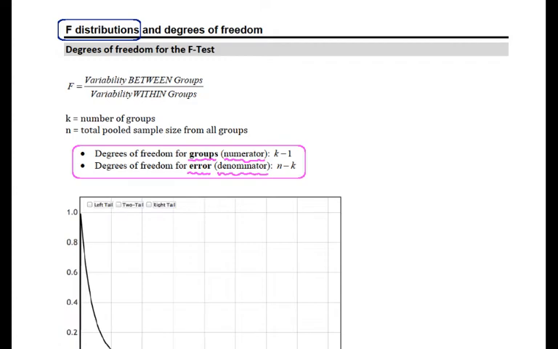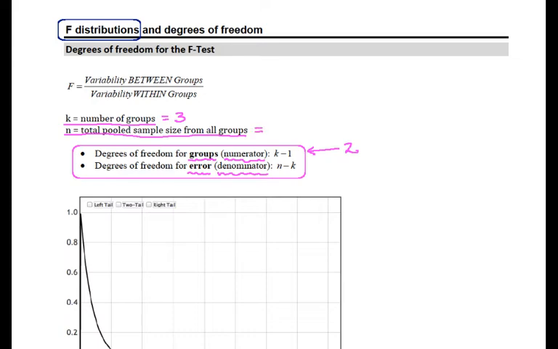So the degrees of freedom for the numerator is k minus 1, where k is the number of groups. So in this case we had 3 groups: good weather message, bad weather message, and no message at all. And therefore our degrees of freedom for groups is 3 minus 1, which is 2. N is the total pooled sample size from all groups. In this case we had 20 in each group and 60 total from the 3 groups.